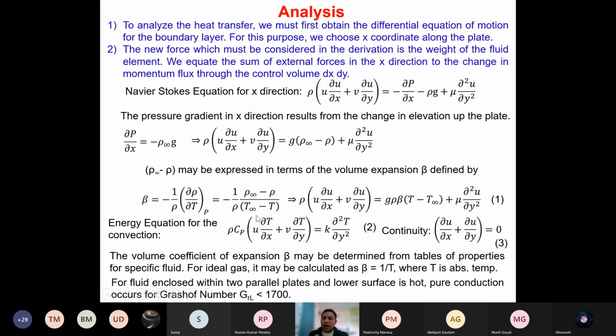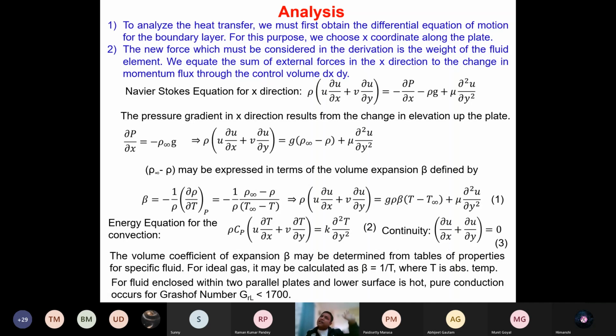When we have two parallel plates, and the lower surface of the lower plate is at a higher temperature, the heat transfer can take place by pure conduction when the Grashof number is less than 1700. So this is the limiting case we are getting.